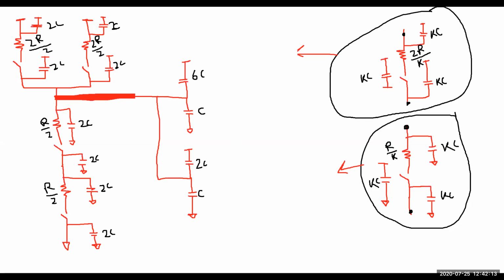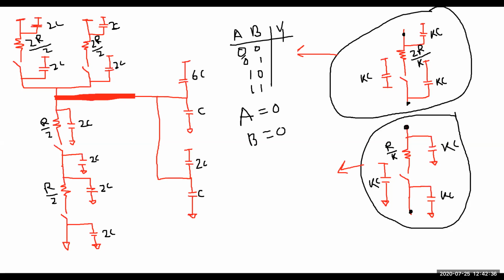Then they said, find the rise delay for A equal to 0, B equal to 0. Why rise delay for A equal to 0, B equal to 0? Remember, for a NAND gate, your truth table is A, B, and your output is Y. So the truth table will be 0 0, 0 1, 1 0, 1 1. For 0 0, NAND is 1.